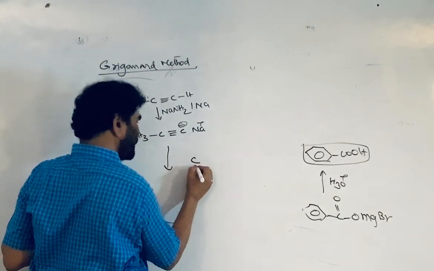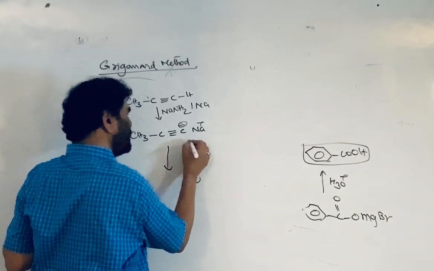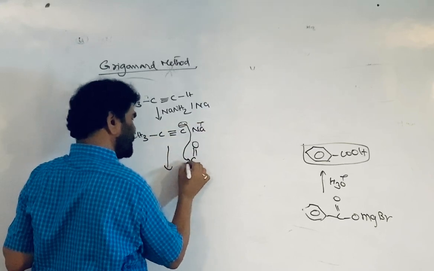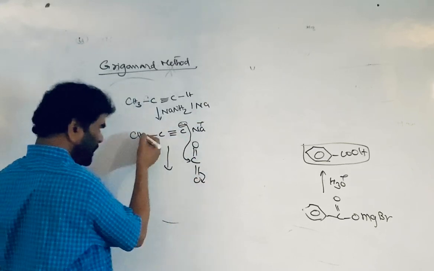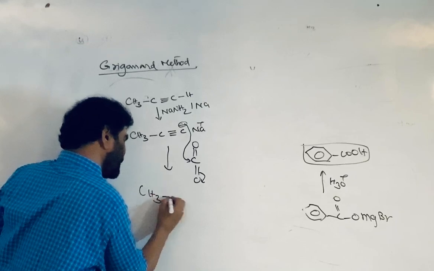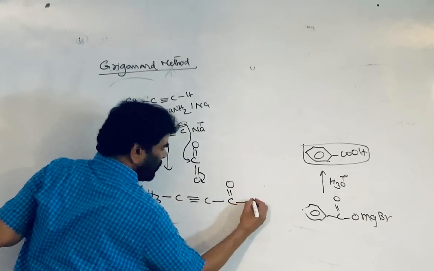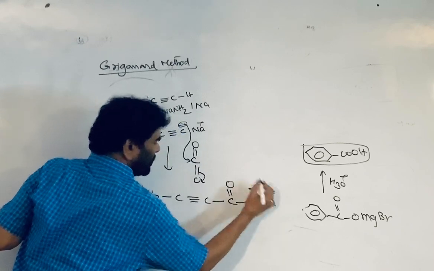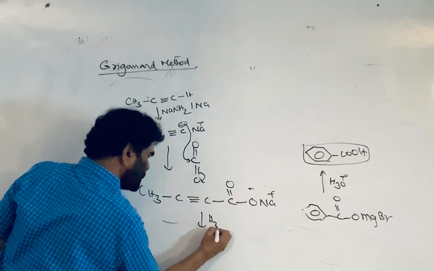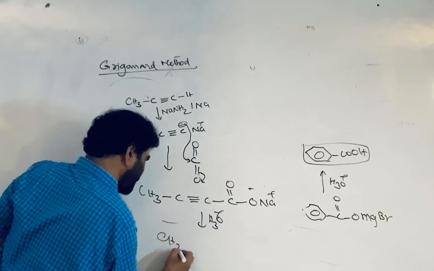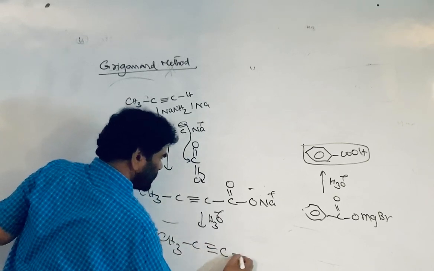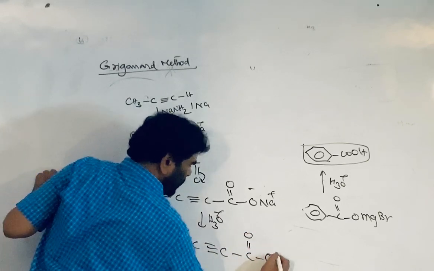This on treatment with carbon dioxide, same reaction, it may not be a Grignard reagent, but it is a source for the carbanion. CH3, C triple bond C, C double bond O, ONa is produced. This on hydrolysis gives CH3, C triple bond C, C double bond O, OH.